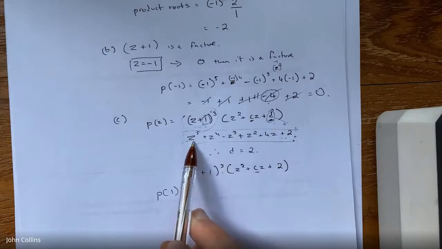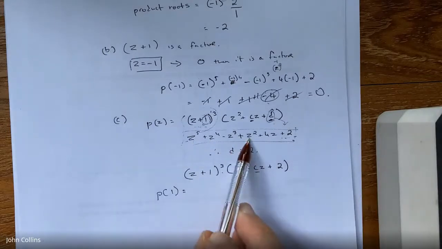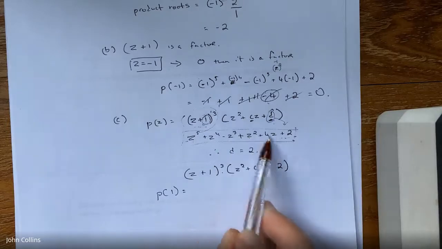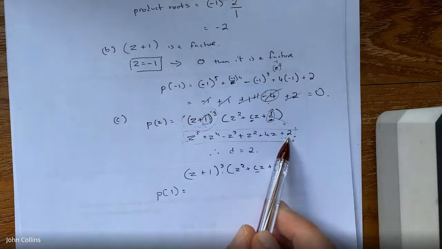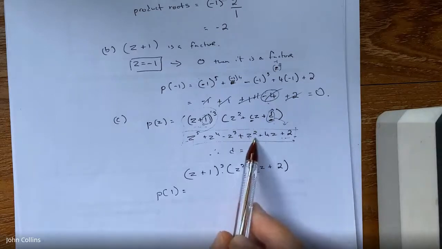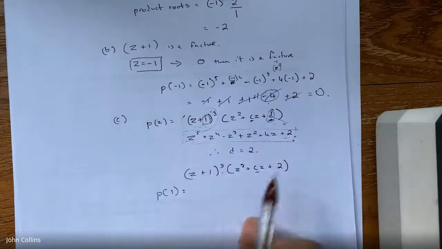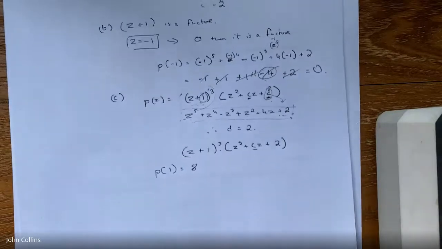So that's going to be 1 plus 1, take away 1, plus another 1, so we're up to 3, plus 4, so we have 7, plus 2, so that's, no, we're at 6, sorry, so these two will cancel because they're both 1. So we're at 6 plus 2, which is 8. So if I subbed 1 into this, I get 8. You can work that out longer if you want.